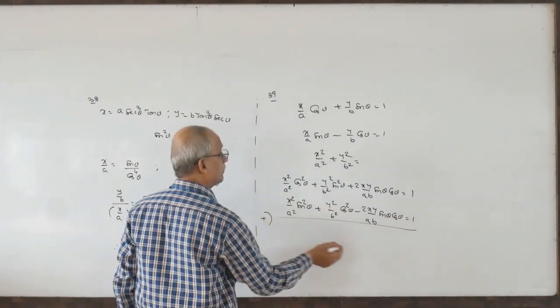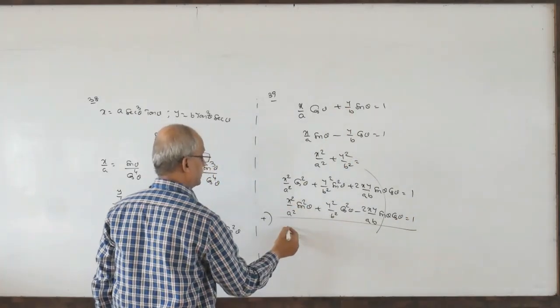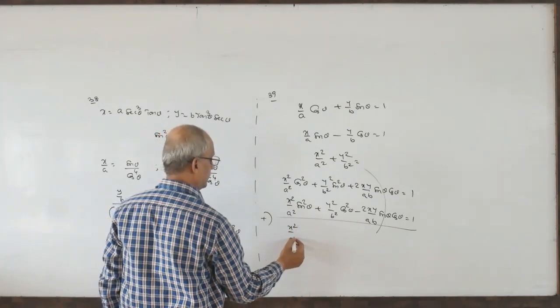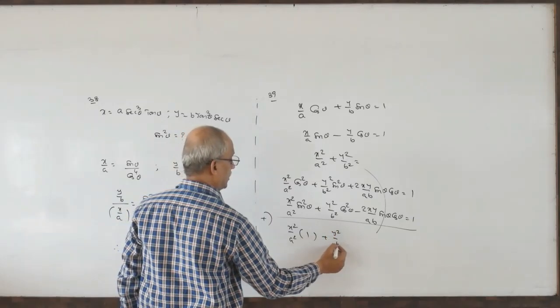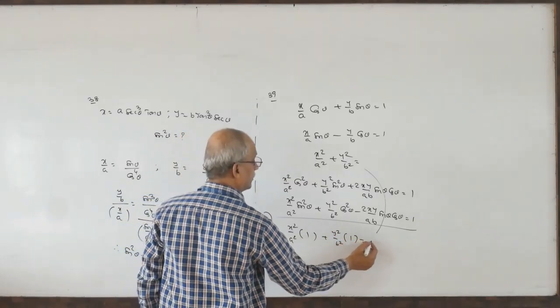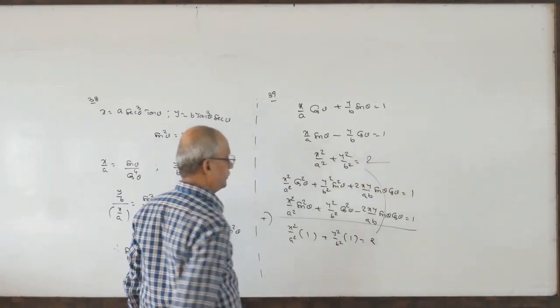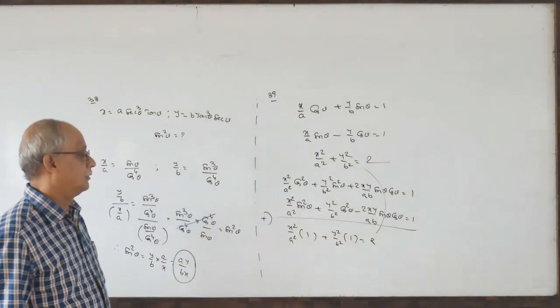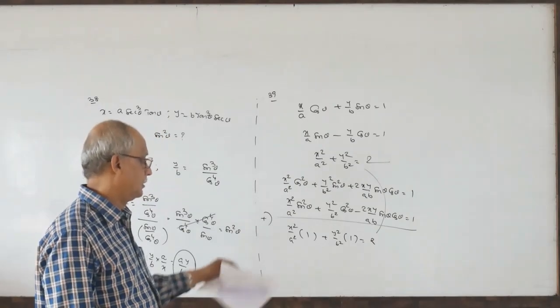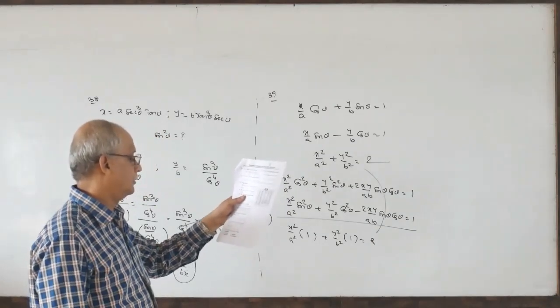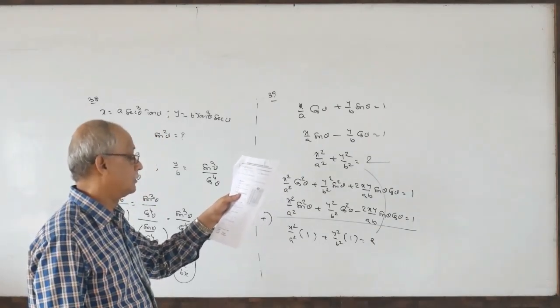Adding, the cross terms cancel. x square by a square common, sin square plus cos square; y square by b square common. Then what is the answer? 2. By geometry, what does this equation represent? Coordinate geometry: it is an ellipse. Okay. So they can only ask the name of the locus: ellipse.